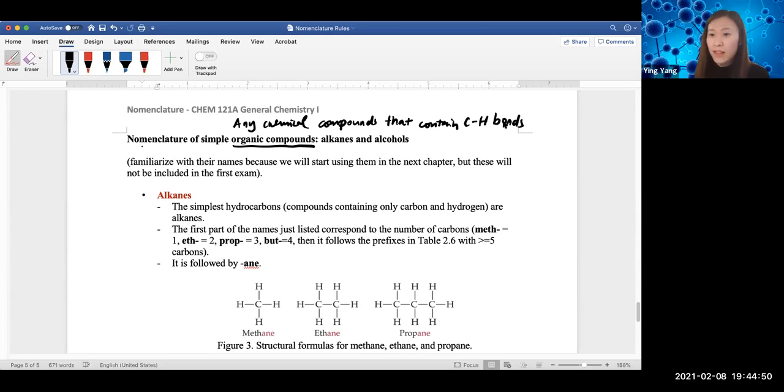Then compounds like oxygen or water that don't have carbon hydrogen bonds are not organic compounds, they are inorganic compounds.